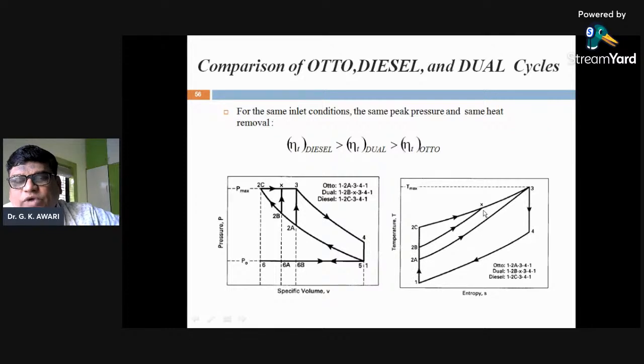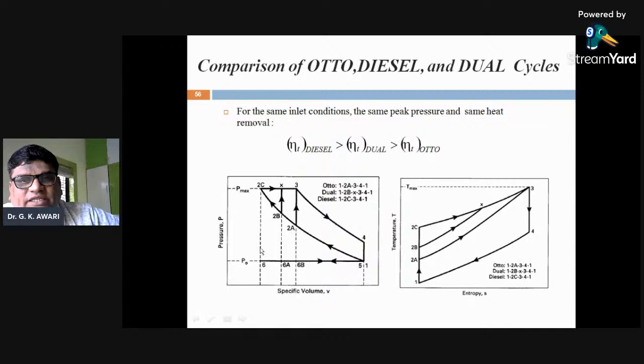Then 2b to x, x to 3, 3 to 4 and 4 to 1, that is the dual fuel cycle. Now if you look at the diesel engine, 1 to 2c, where 2c is the highest temperature compared with the Otto cycle and the dual fuel cycle. So 1 to 2c, then 2c to 3, 3 to 4 and 4 to 1.